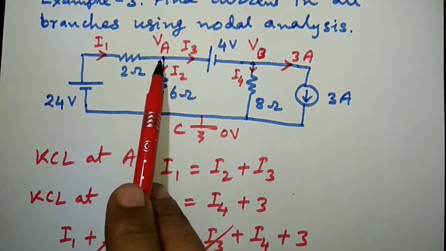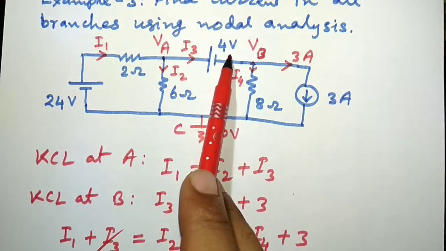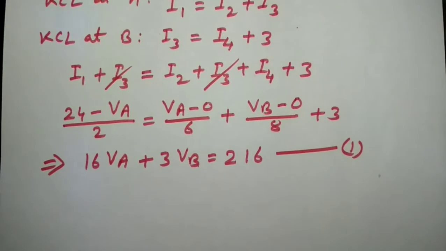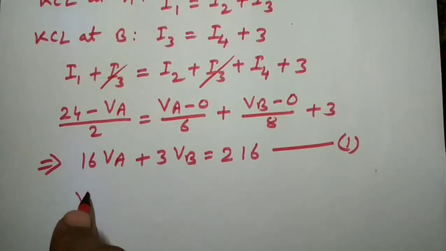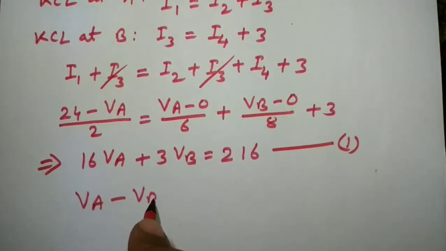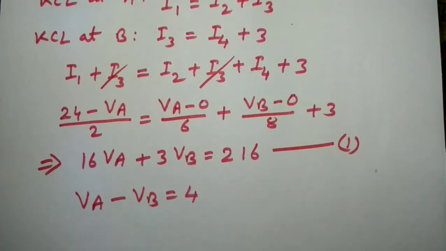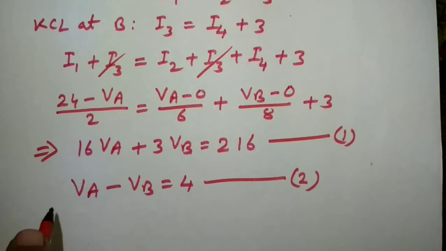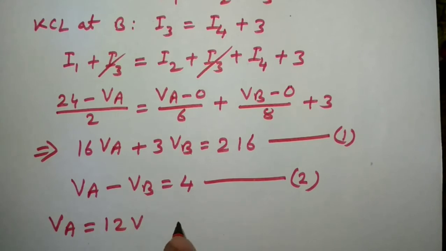So we can say VA minus VB will be equal to 4, and this will be our second equation. After solving these two equations, we will get the value of VA as 12 volt, and the value of VB as 8 volt.